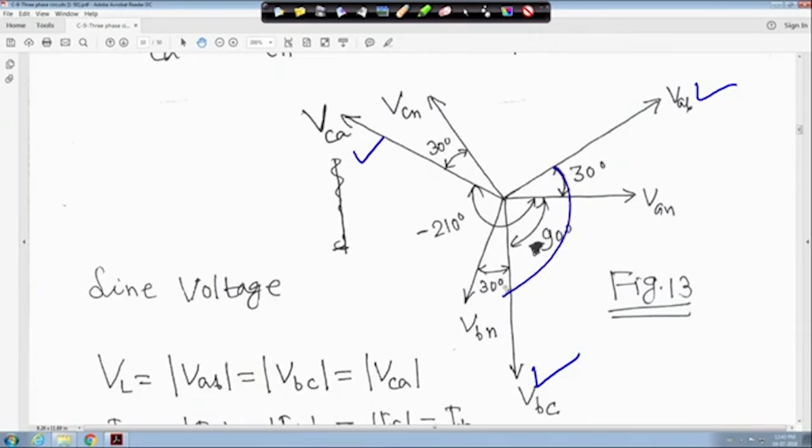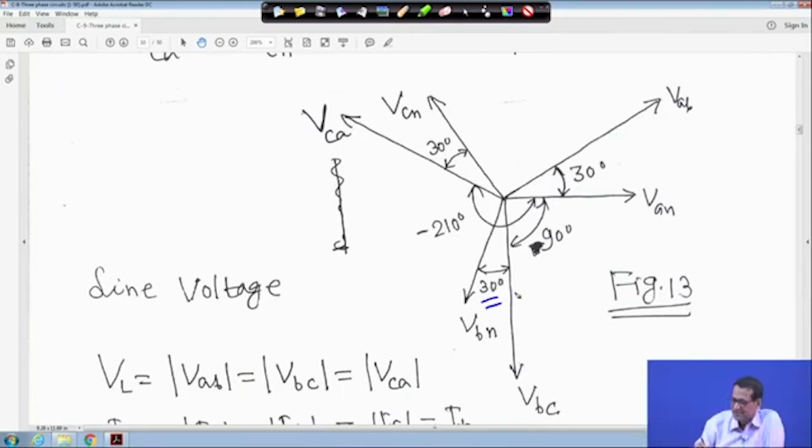AB to BC it is 120 degrees, then BC to CA it is 120 degrees, and CA to AB it is 120 degrees, right? And the angle between VBC and VAN is 90 degrees, right? And all angles are marked. The angle between VBN and VBC is 30 degrees again. So AB and AN 30 degrees, BC and BN 30 degrees, and CA and CN 30 degrees, right?